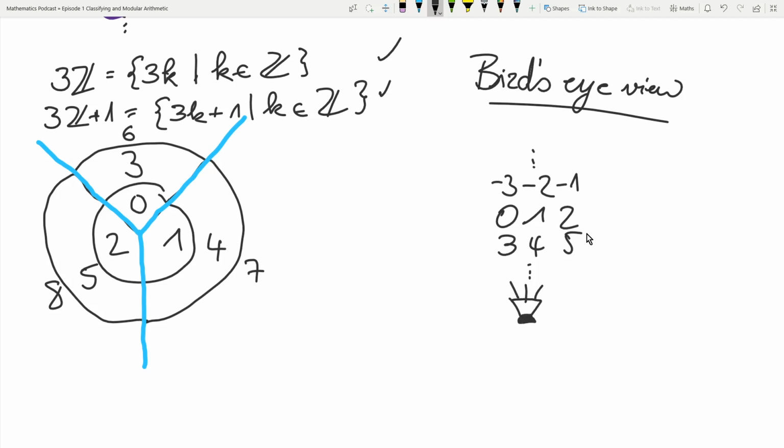So the way I see this is you have 0 here, the 1 here, and the 2 here. And the 3 is on the same spot as 0. The 4 is on the same spot as 1. The 5 is on the same spot as 2. Then 6, then 7, then 8, then 9. Well, this actually looks pretty.